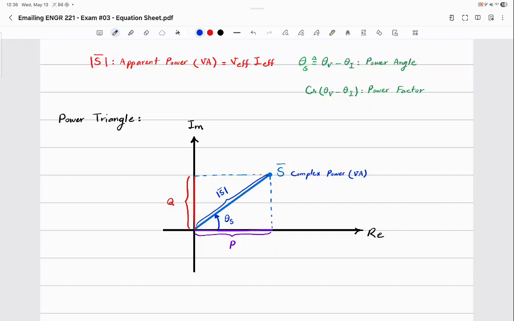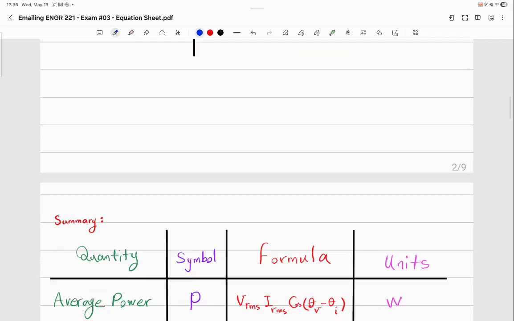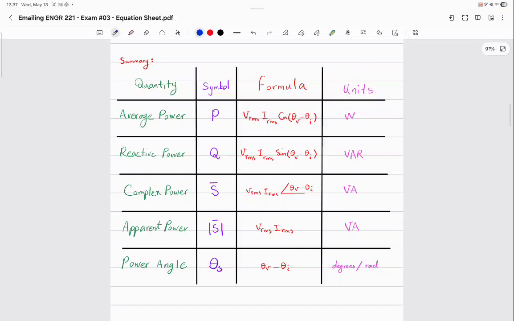Any question? So this is a summary of what's important for this part, for this lecture, and for this series of lectures, actually.